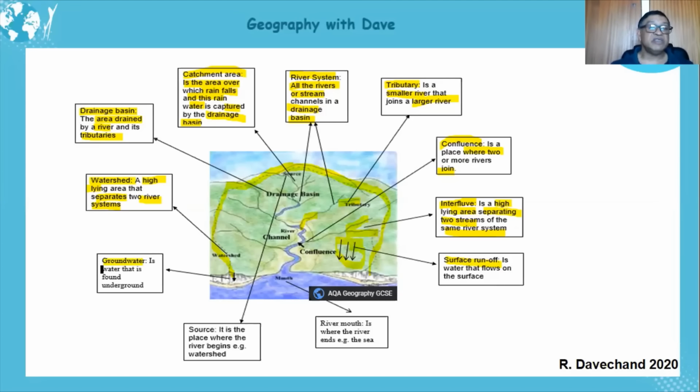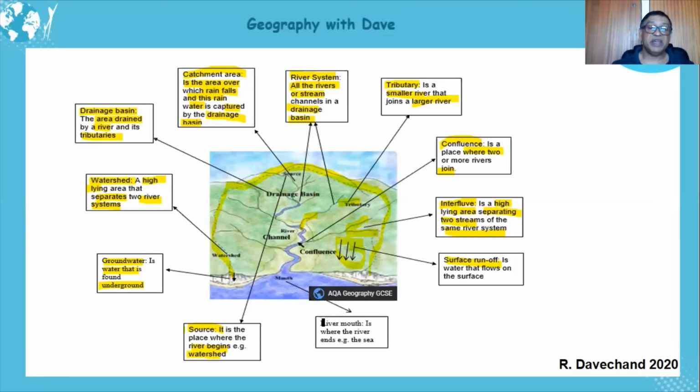This is the water that is found underground. Can you see it seep through the ground? It's now found underground. Okay? And obviously, you know that the starting point of a river is the source. It's found in the high-lying area where the river begins, for example, at the watershed.